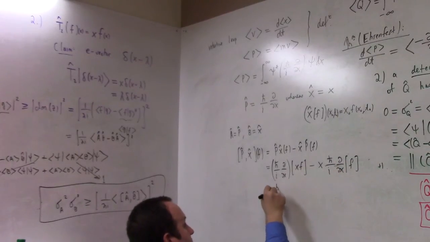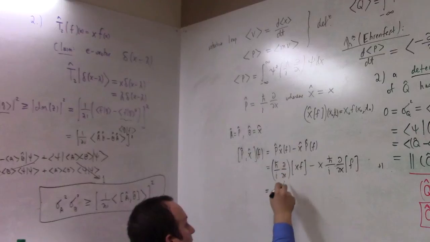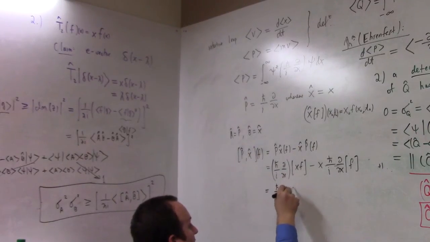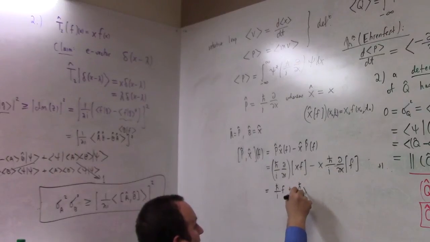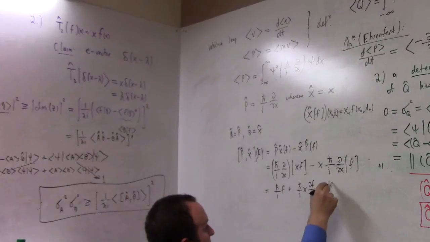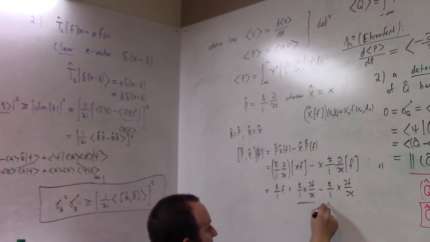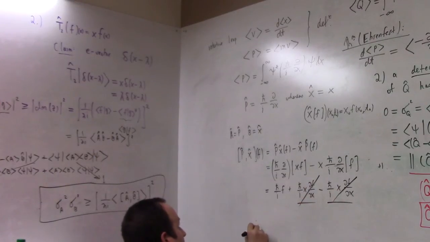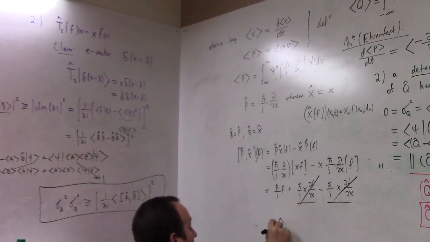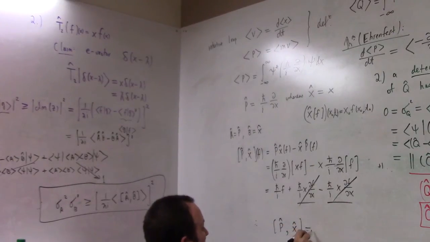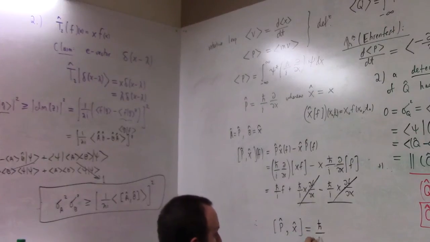Product rule. h bar over i f plus h bar over i x partial f partial x minus h bar over i x partial f partial x. This guy and this guy, natural enemies. And so therefore we have derived that the commutator of the momentum and position operators is exactly h bar over i.